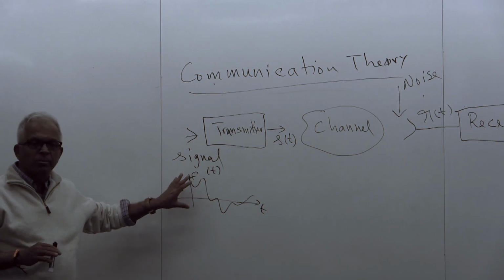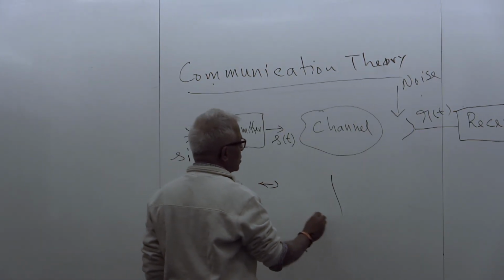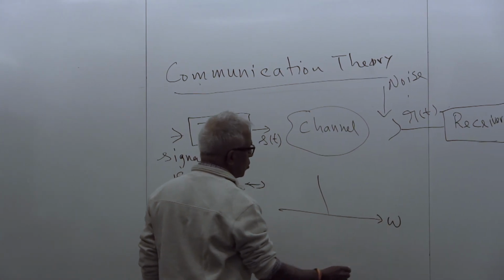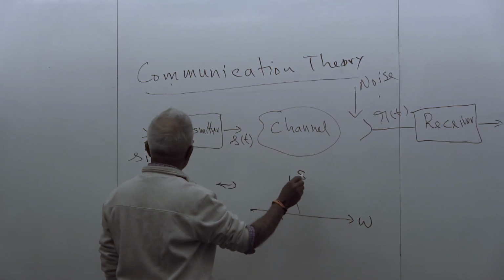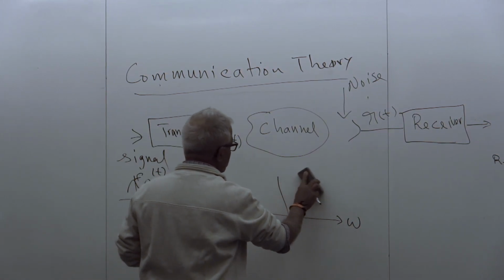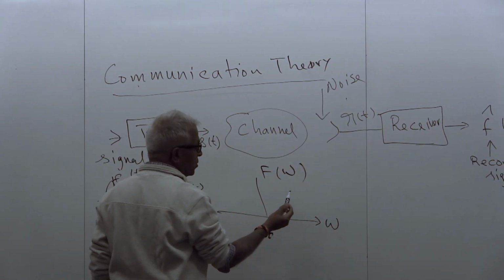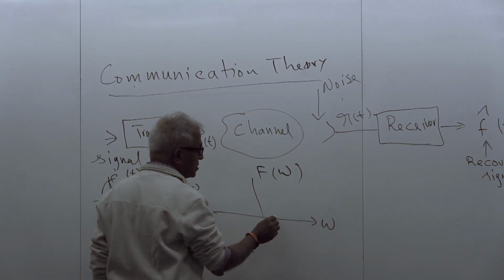So this is a time representation. So the question is, what is the frequency representation? Frequency is in omega, of the signal f of t. For example, we'll discuss this next week.